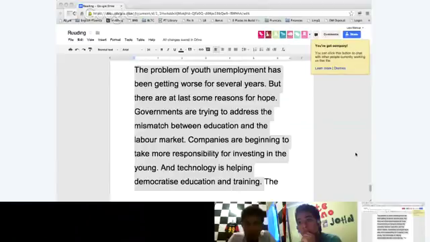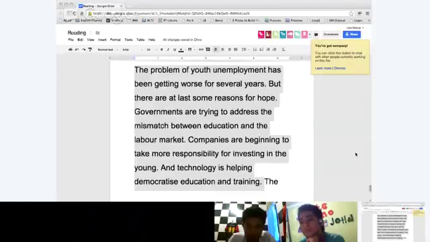The problem of youth unemployment has been getting worse for several years, but there are at least some reasons for hope. Governments are trying to address the mismatch between education and labor market.